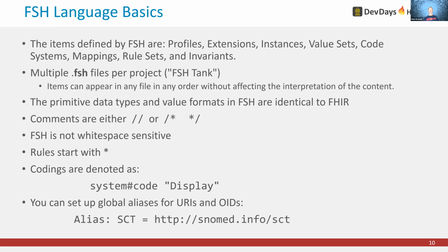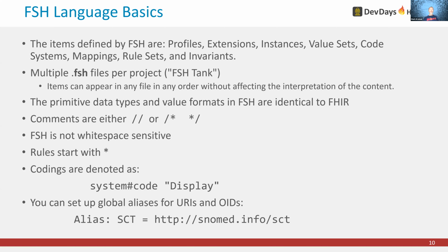Most of these things you'll recognize from FHIR, except for rule sets, which is a special construct in FSH. The file extension that you'll be using is .fsh. We call them FSH files, and you can have multiple FSH files per project.